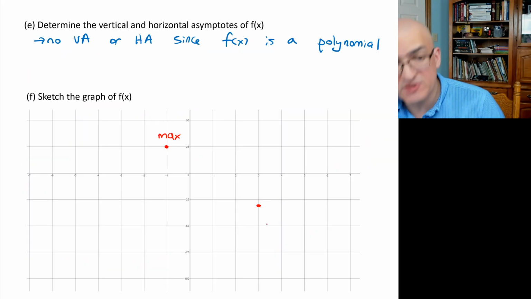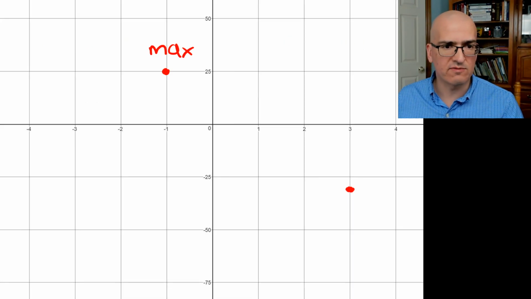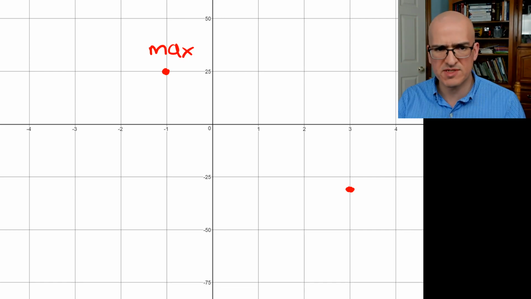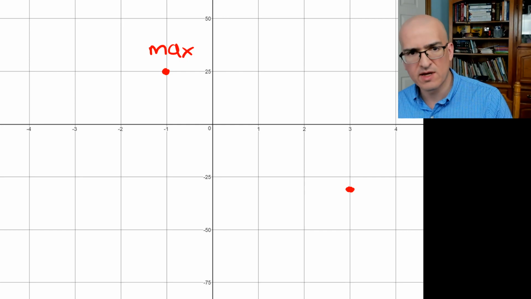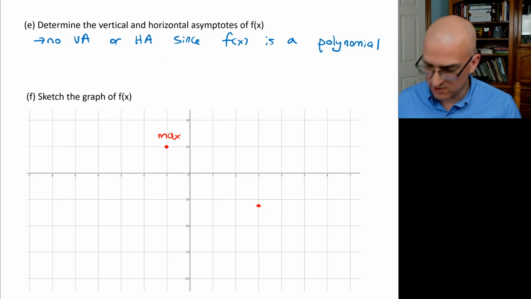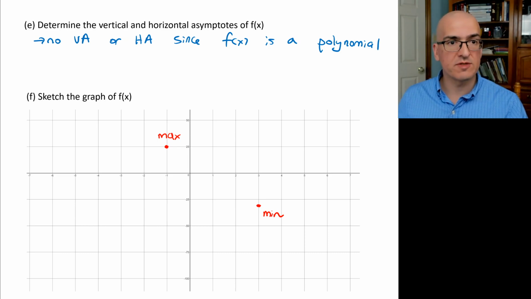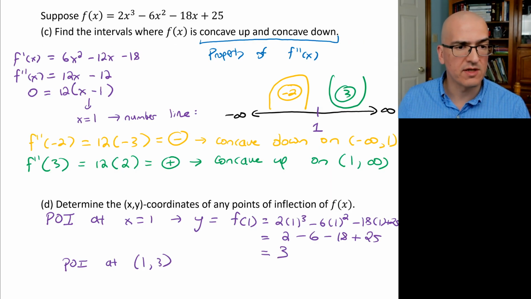Doesn't have to be perfect, it's just a sketch. So notice that these axis labels, they're very coarse. The distance between the lines is 25 units high. So I'm just estimating what -29 would be. It's probably a bit higher than that, but it doesn't matter. That's our min. And we have another point which is important, and that's the point of inflection at 1, 3.